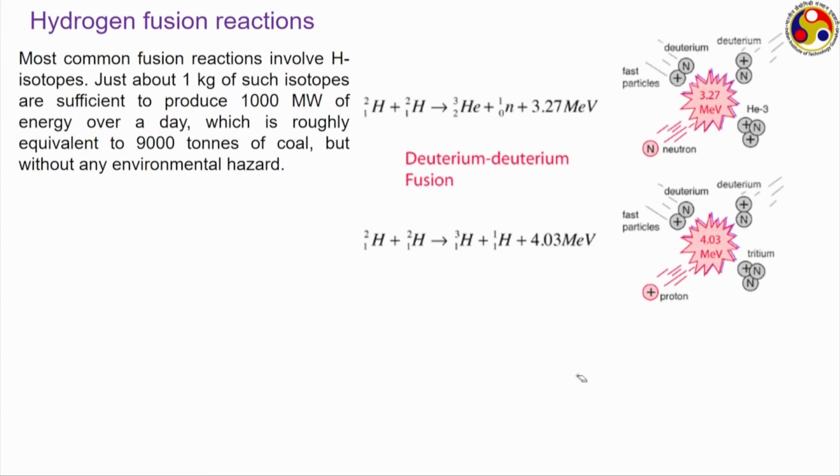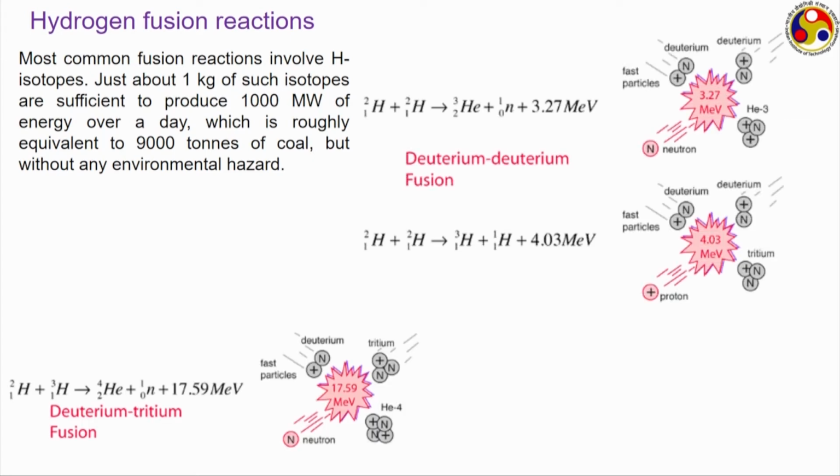It is also possible for deuterium to react with tritium, particularly if we fill one reactor with only deuterium, then the initial two reactions will be these two only. But by virtue of these two reactions, particularly the second, we have tritium production, and now the deuterium can react with the tritium also to produce helium, and that gives us 17.59 MeV of energy.